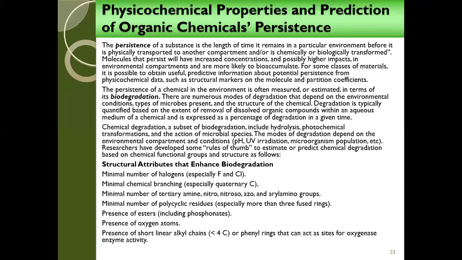I think I mentioned this yesterday. How much of it is branched? If you have so many branches, so many carbon bonds, it will take time before it will be biodegraded, for you to be able to measure persistence. So a material that is difficult to biodegrade will persist in the environment much more than the one that can be easily degraded.